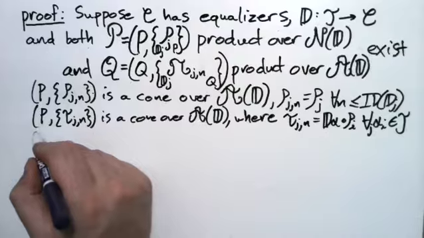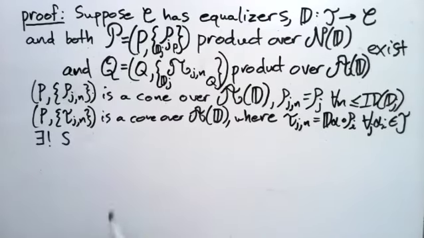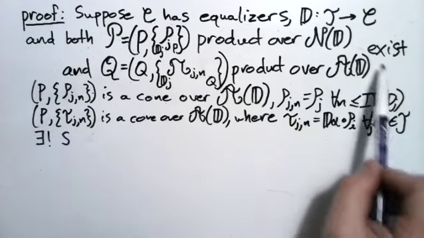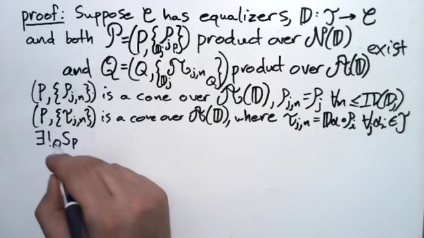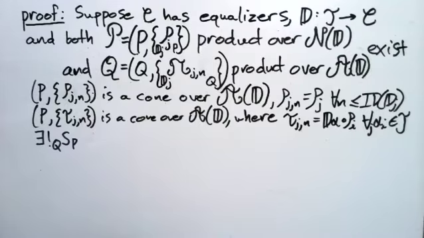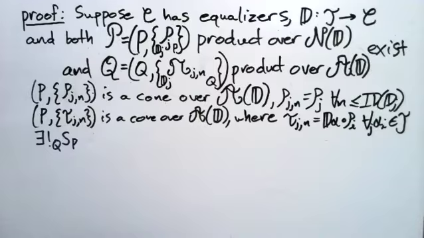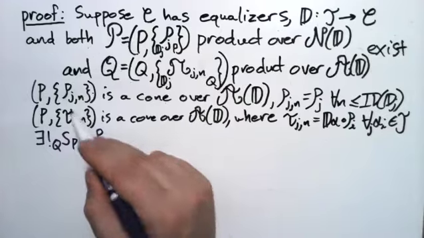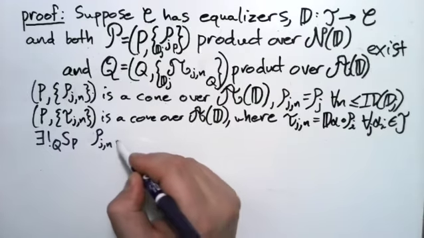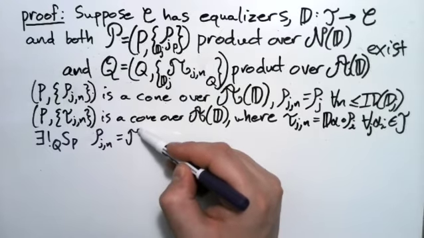So we need to have a unique mediating morphism, maybe call it S, going from the vertex of our cone to the vertex of the product over A of D. So that would mean to go from P to Q. And it needs to be such that the legs of the product commute with the legs of the cone. So we would need to have that rho Jn would need to be equal to pi Jn after S.